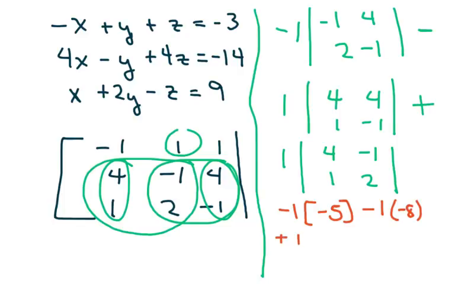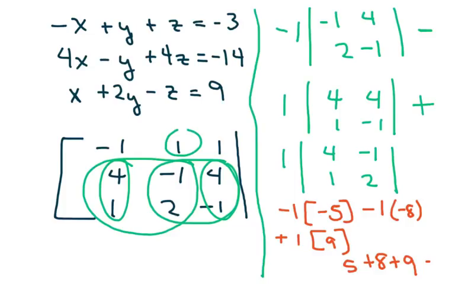Plus 1 times 8 minus a -1, so that's going to be 9. So I get 5 plus 8 plus 9, which gives me 14 plus 8 is going to give me 22. So my determinant of A equals 22.